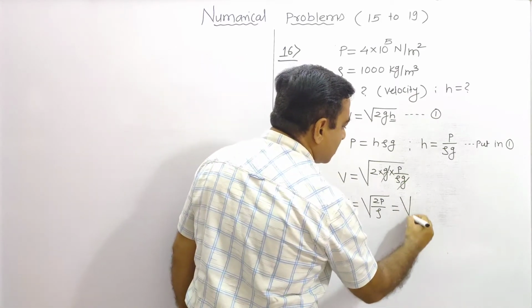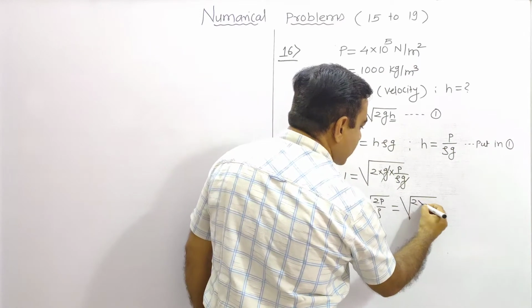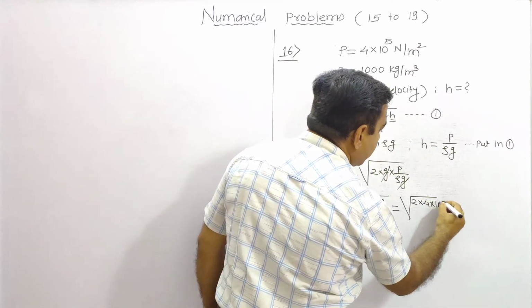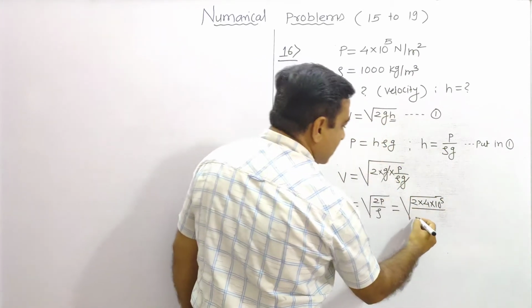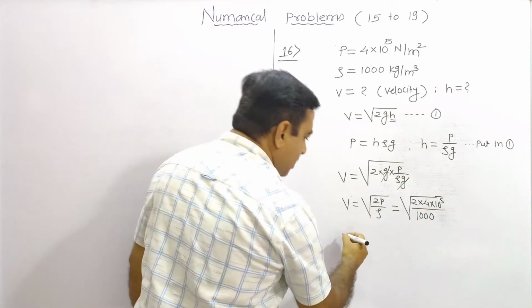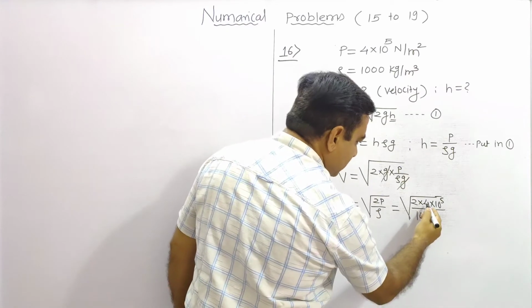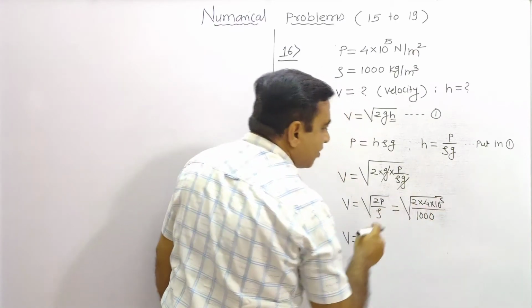So we know the pressure and we know the rho value. I'm going to substitute 2 into 4 into 10 raised to power 5, and later on we have this rho, that is 1000. After solving this, v is equal to, converting 1000 into a power, that is 10 raised to power 3.